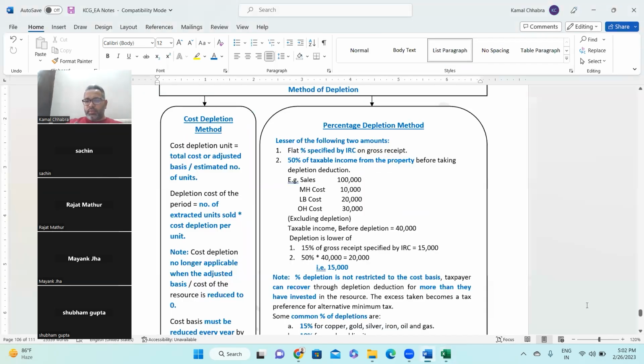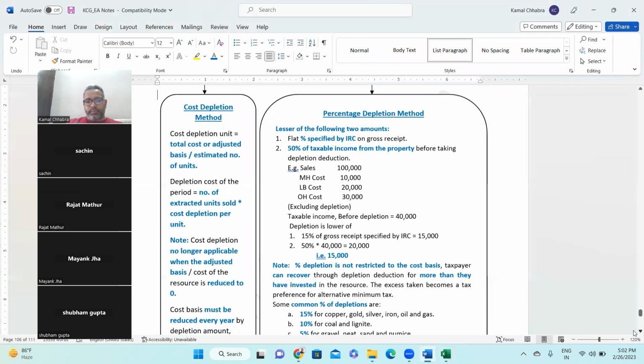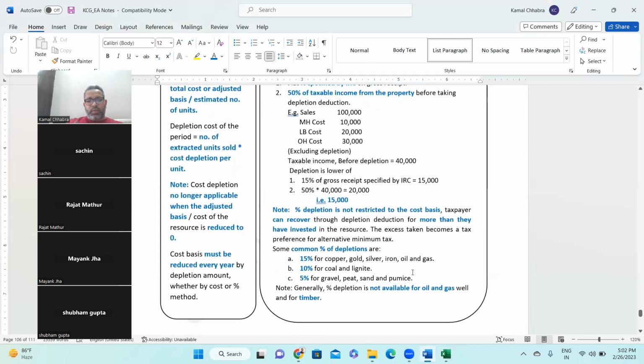Right, everyone? Got it? So here are some common depletion rates given. 15% for copper, gold, silver, iron, oil, and gases. 10% is for coal, and 5% for gravel, peat, sand, something like that.